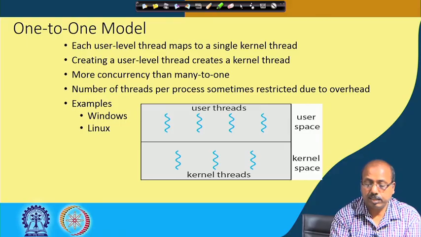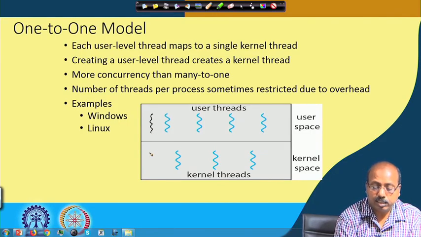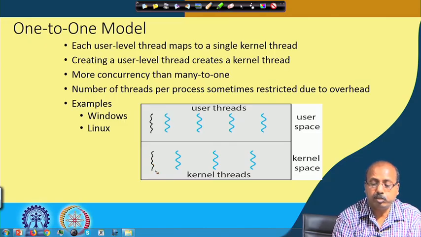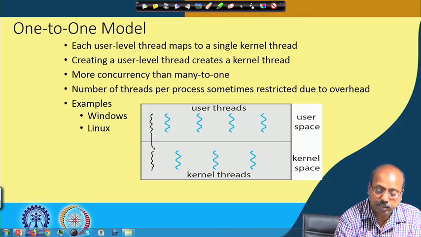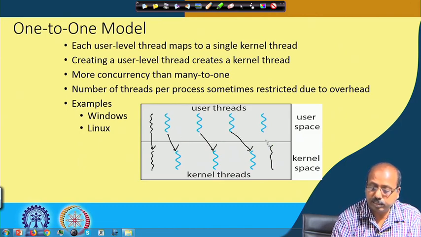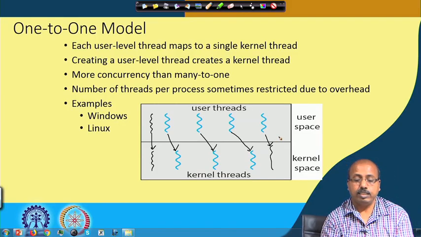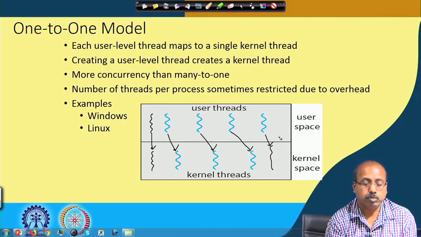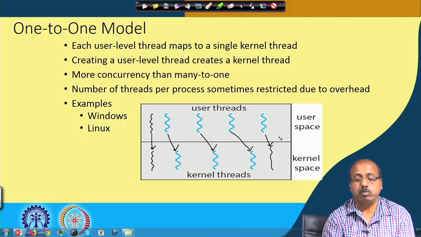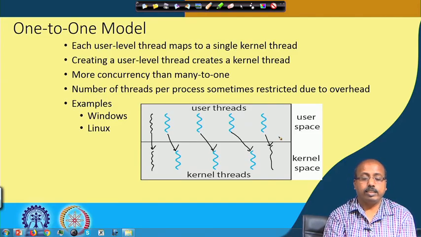Whenever a new user thread is created, a new kernel thread is also created, and this thread is mapped onto it. Similarly, each of the other threads is mapped onto its own kernel thread. So, whenever you create a new thread in the user space, a new thread is created in the kernel mode also.